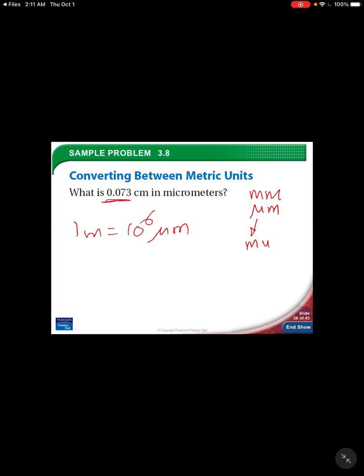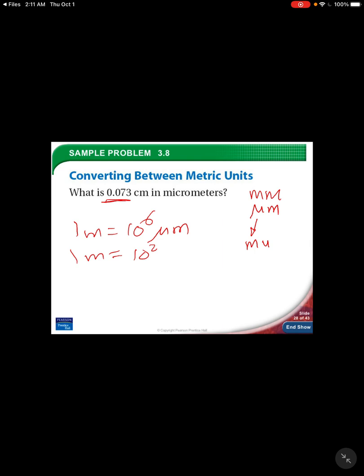And I don't know how many micrometers in a centimeter. Actually, I know, but if I didn't know that, I also know that 1 meter is equal to 10 to the second centimeters, because centi is from the Latin for 100, as in century.